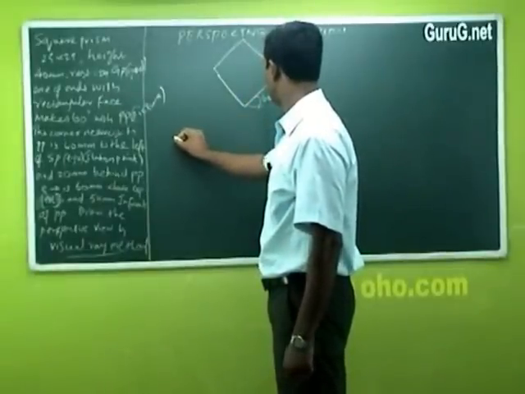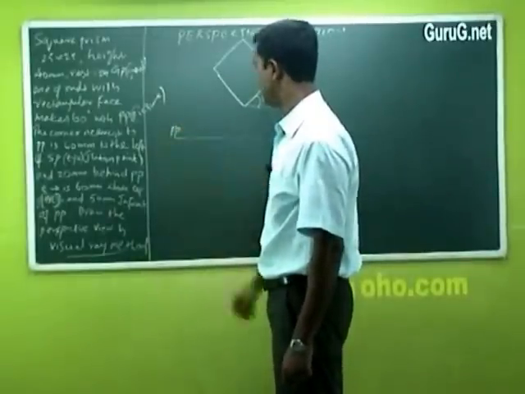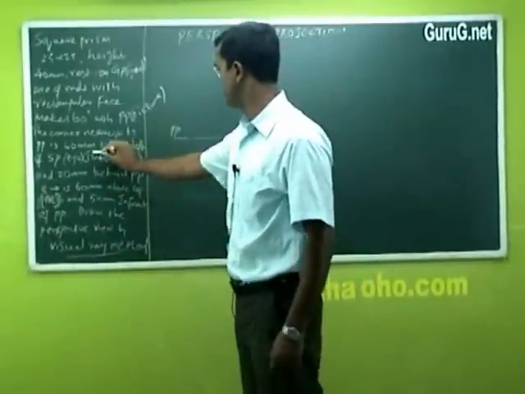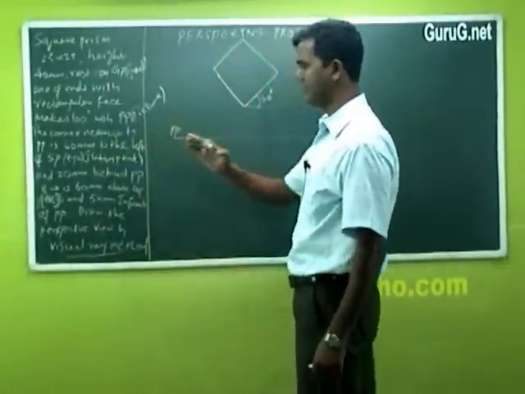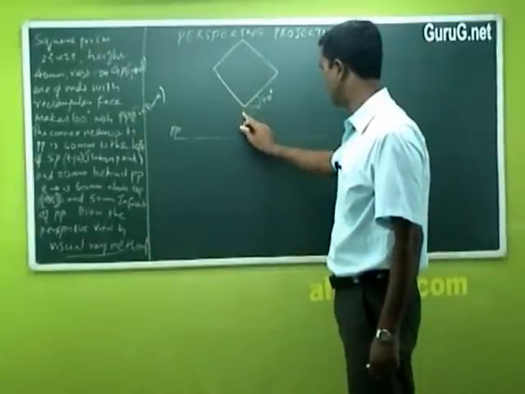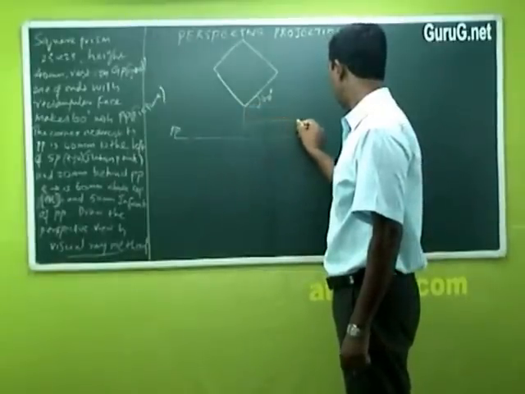You have your picture plane here. This is your PP, picture plane, and the corner nearest to PP is 40 millimeter to the left of SP, station point. This is the corner nearest to PP. This corner is to be 40 millimeter.